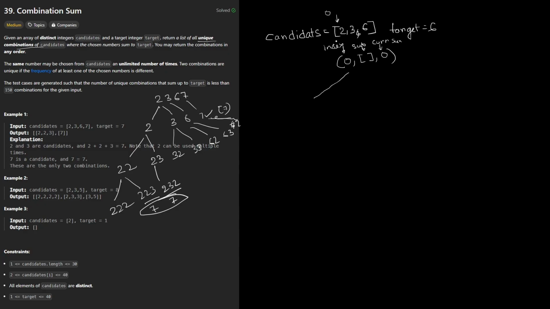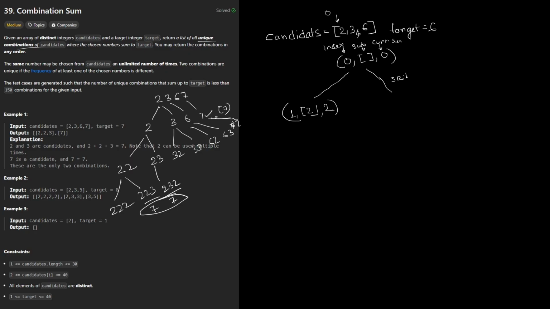One, I can add 2. So my current index would become 1, my subarray would become 2, and my current sum is also becoming 2, where I chose to add it. And the other one, I can skip.